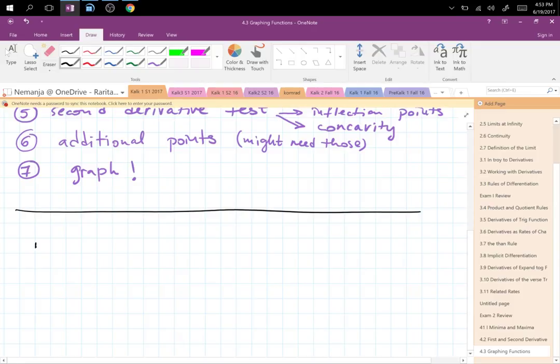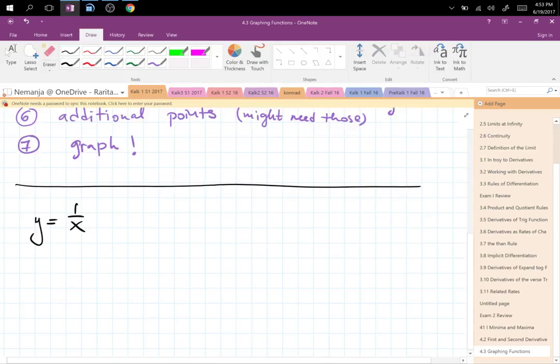So the first example, let's say 1 over x. Now you all know how this looks like already, right? Hopefully you should. But let's pretend we don't, and we want to use calculus to figure this out.